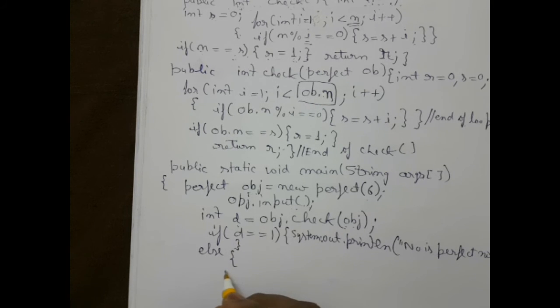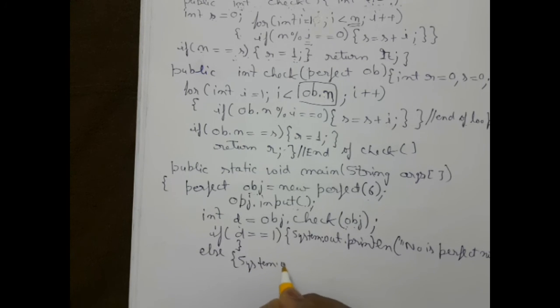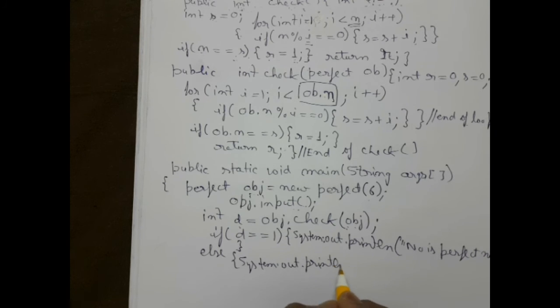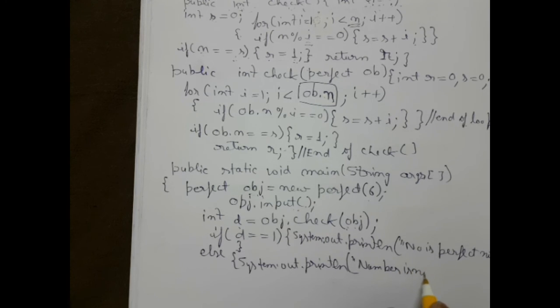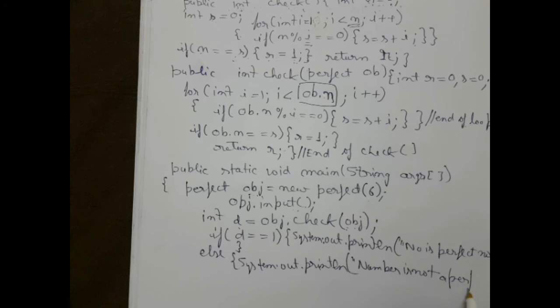And then else block is there, and then I write here system dot out dot println number is not a perfect number.